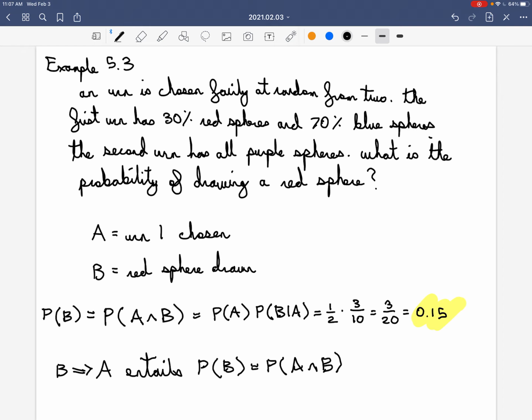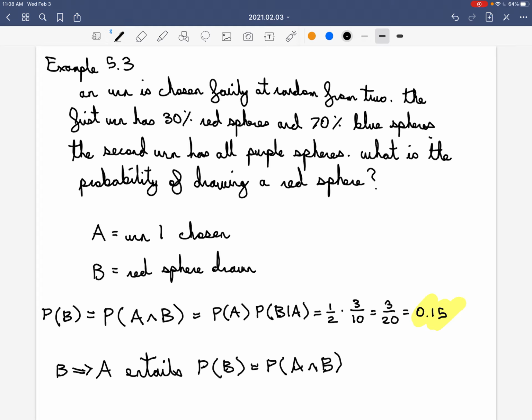So I can start trying to use my conditional probabilities by calculating the probability of A and B. The probability of A, I know, is 1/2 because it involves a fair choice between 2 urns.